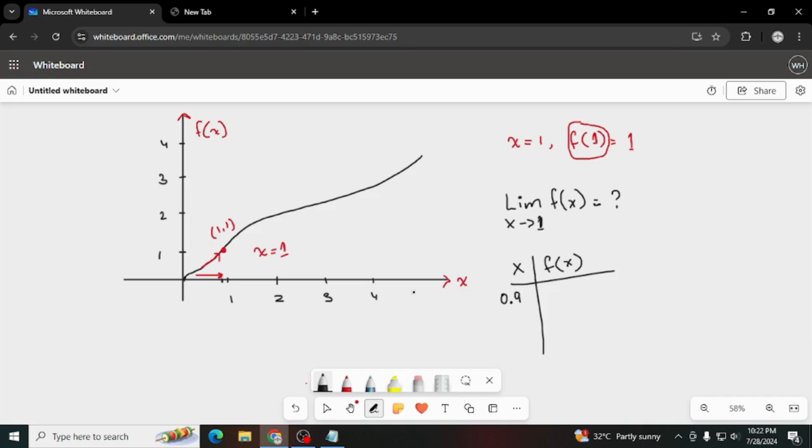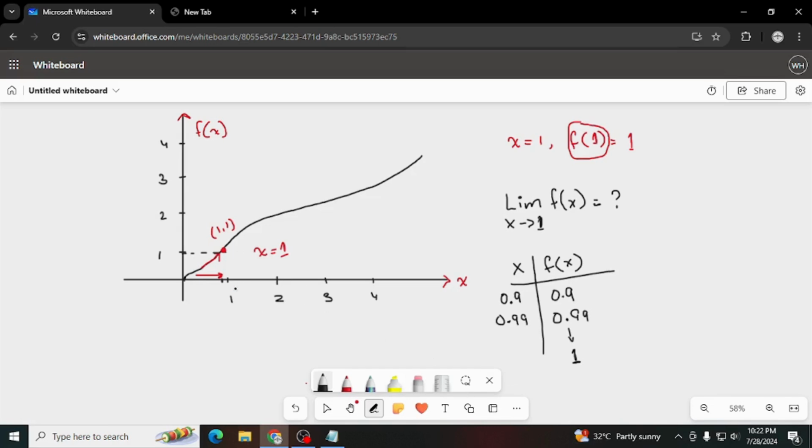And the f of x function gives me also 0.9, a number really close to 1. Now I'm going to go a little further and input 0.99, and I'm going to get a value again really close to 1. I'm not sure what value I'm going to get, but let's say I get 0.99 itself. And that's getting really, really close to 1.